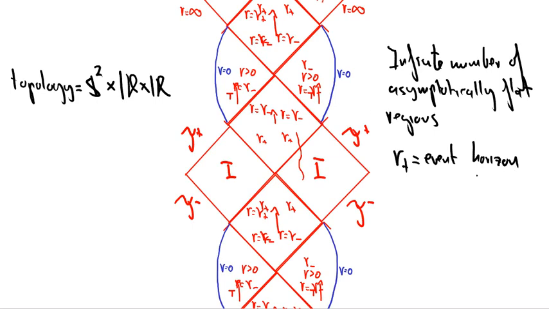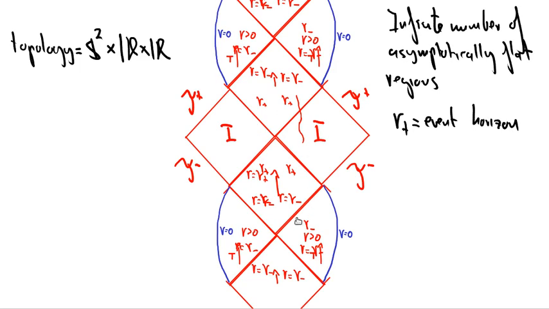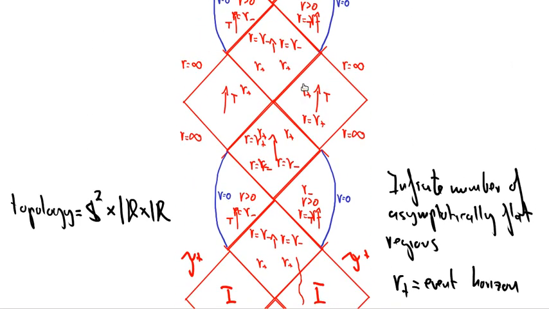Since this pattern repeats itself, this happens if we work in any of the asymptotically flat regions. I can just add the labels in all the asymptotically flat regions.